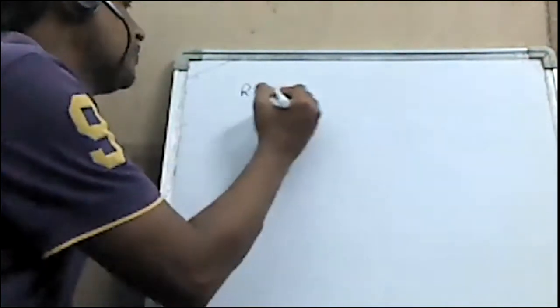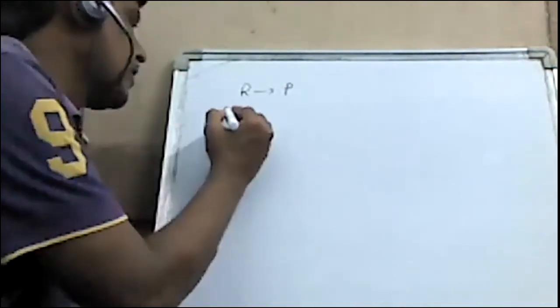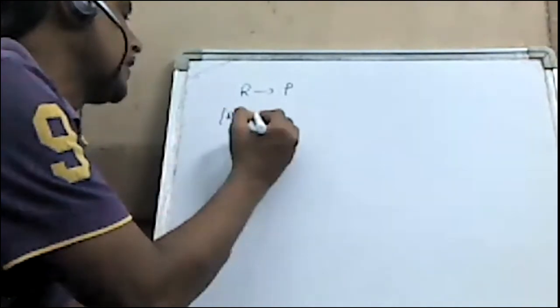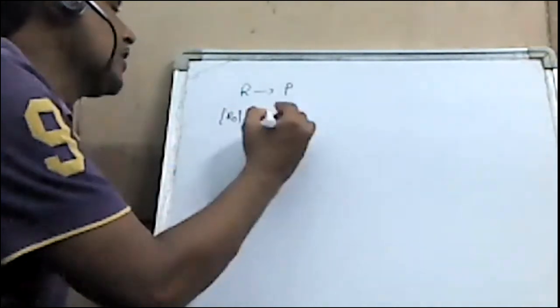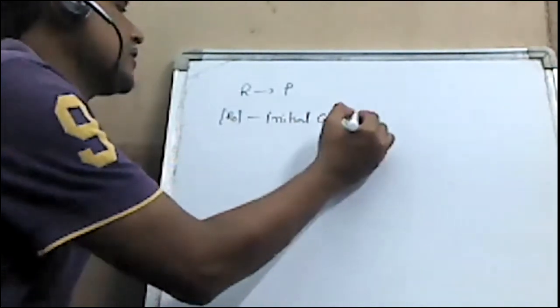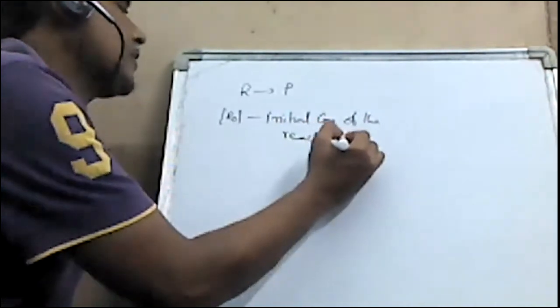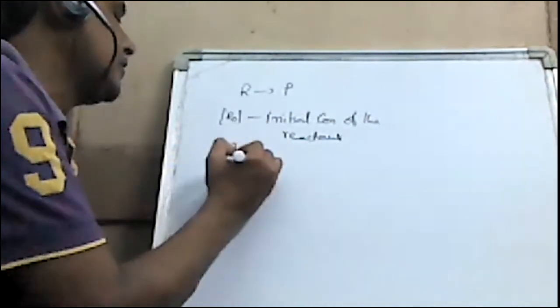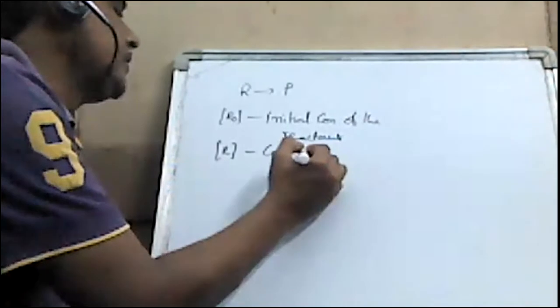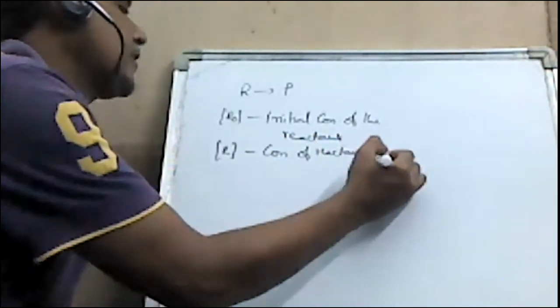Now, let me take a zero-order reaction R gives rise to P. Let R naught be the initial concentration of the reactants, and R be the concentration of the reactants after time t.